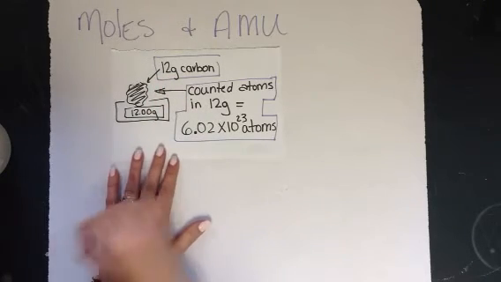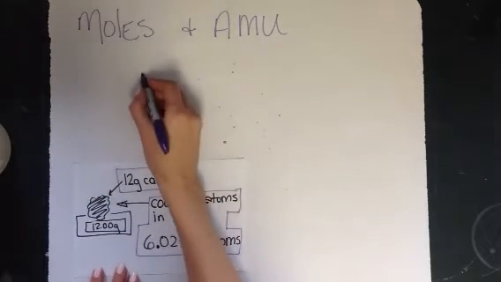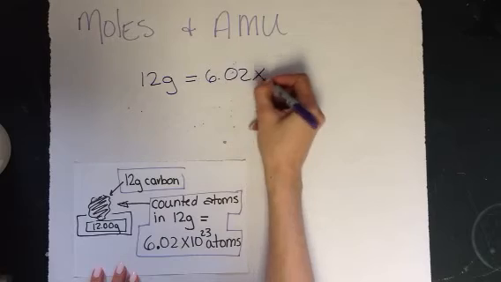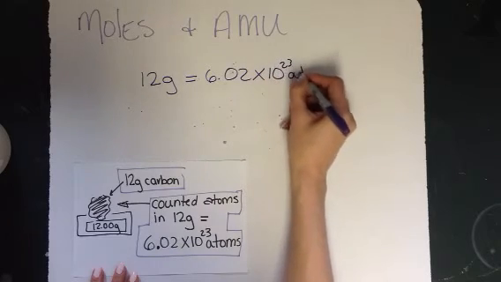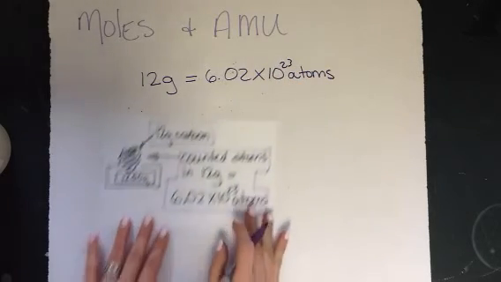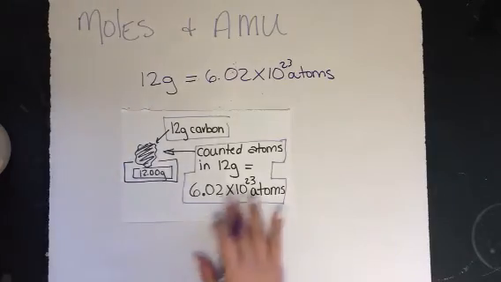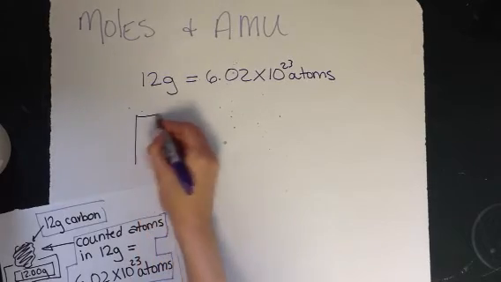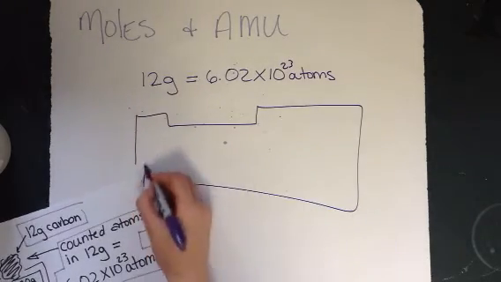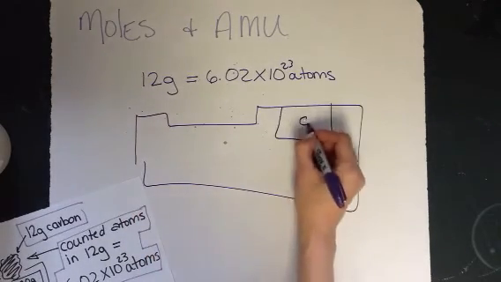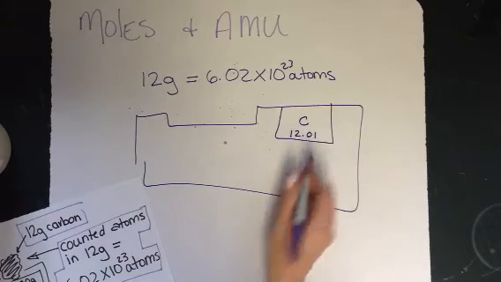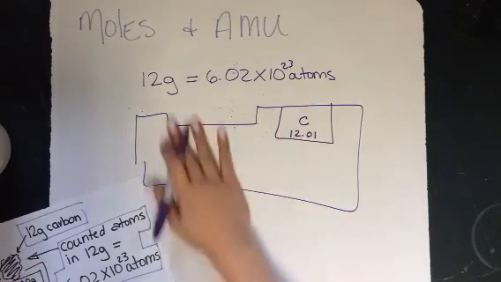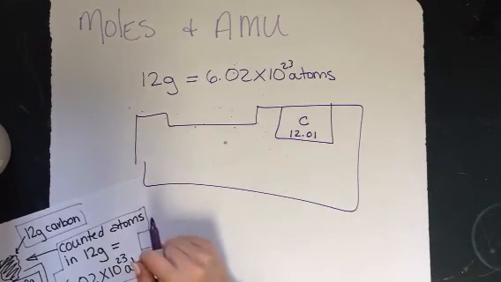So, in other words, you can actually say 12 grams of carbon is equal to 6.02 times 10 to the 23rd atoms. And so what they did from there was say, well, why don't we make that the mass of carbon on the periodic table? Right, a little bit more precise. And why don't we make everything else relative to that mass?